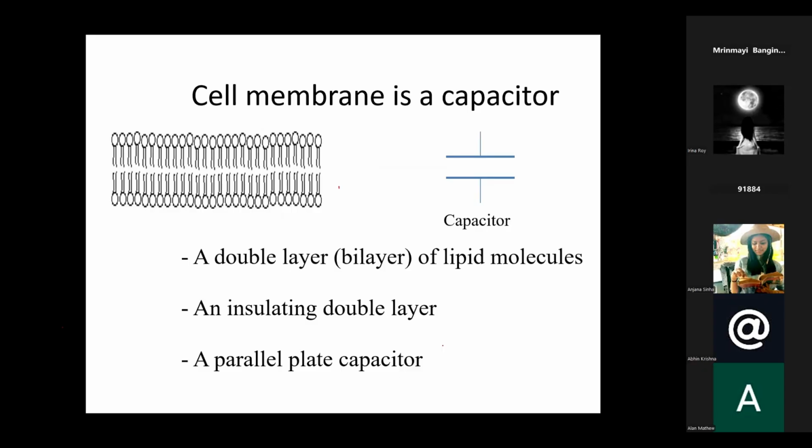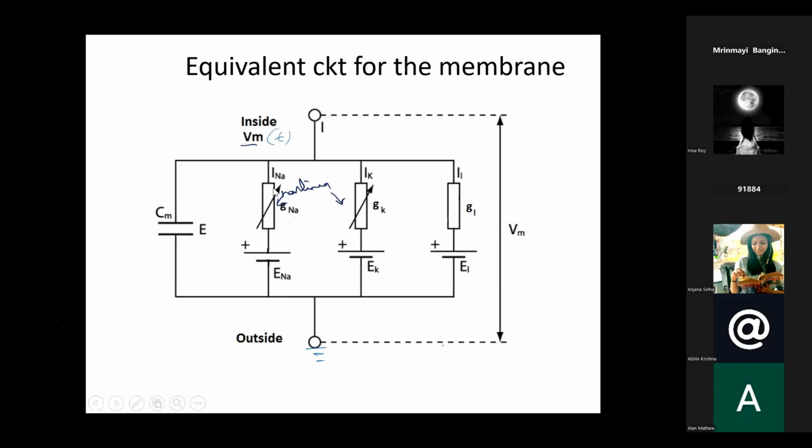So it's like a parallel plate capacitor. The membrane itself is represented by a capacitor here. So this is a circuit model of the membrane. With this, we should be able to understand, if I inject a current into the neuron, how the voltage changes and how it produces action potentials. All these things you are able to understand from this circuit model.